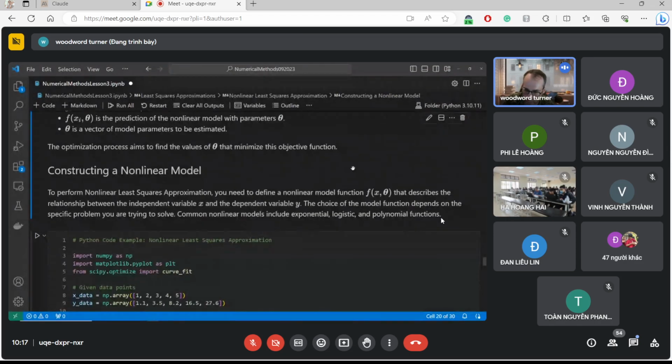So before, the model function was ax plus b, and that was describing the fact that there's a linear relationship between the independent variable x and the dependent variable y, right? So now we want to describe it in other cases. The choice of our model function depends on the problem we're trying to solve, but some common nonlinear models might be exponential, logistic, and polynomial, right?